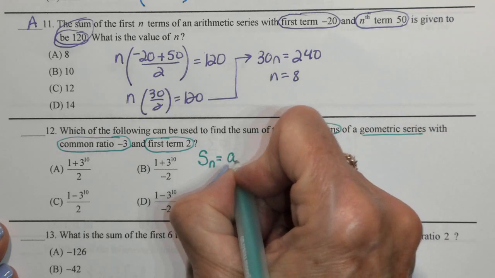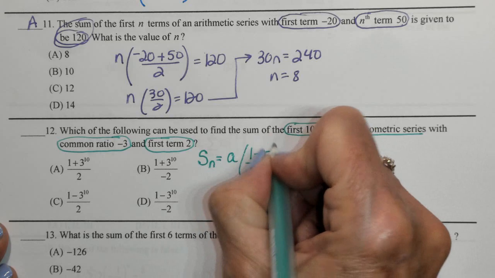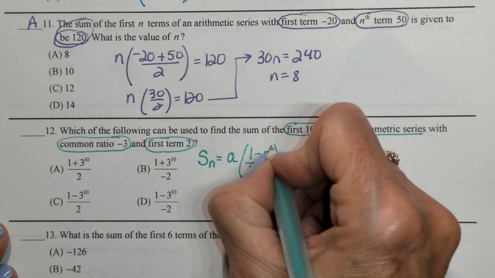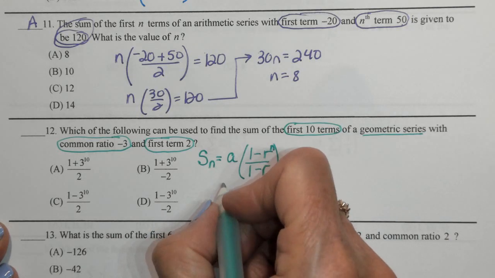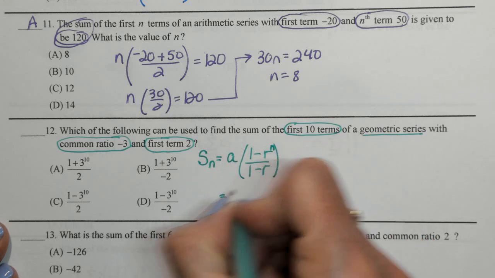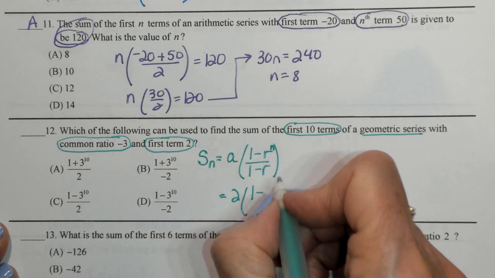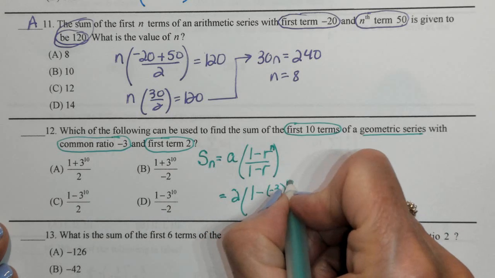I'm going to call the first term a. And then we have a fraction, and both the top and the bottom have 1 minus r. That's how I remember it. But the top r gets an n power. Okay? So the first term is 2. The common ratio is negative 3, and we have 10 terms.